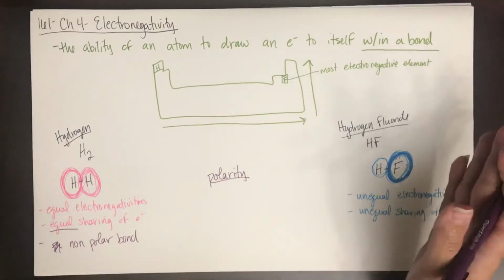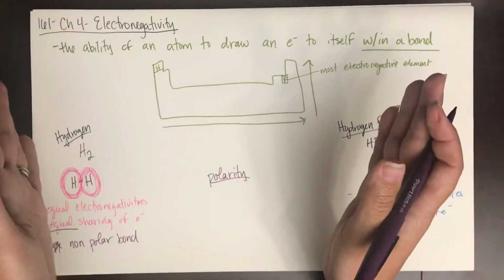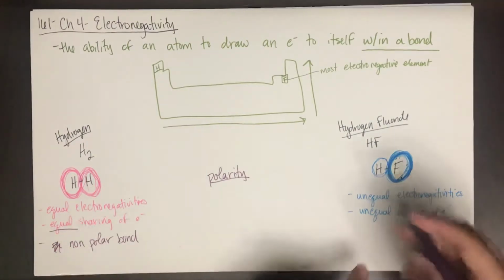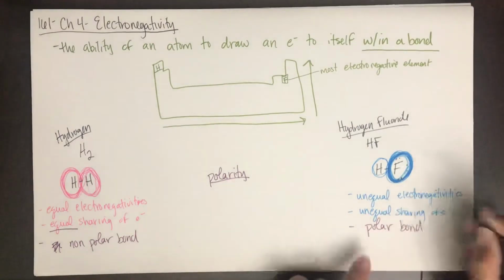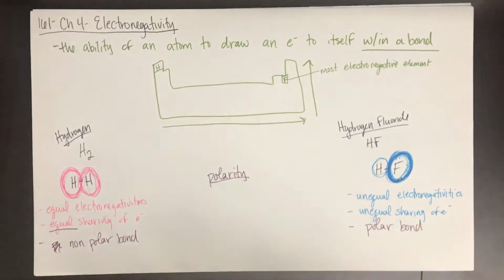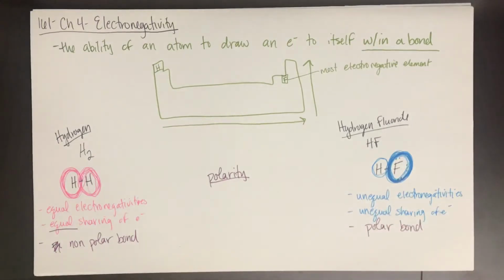So if you're polar, you have two very different regions of electronegativity. This is a nonpolar bond because we have equal electronegativities. This would be called a polar bond because we have two very different regions of electronegativity. The fluorine is very electronegative. The hydrogen is not electronegative.